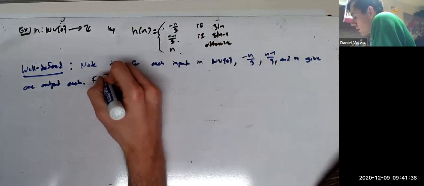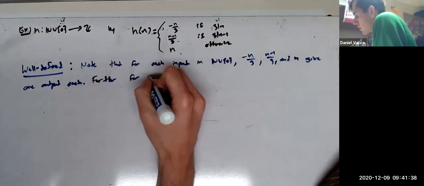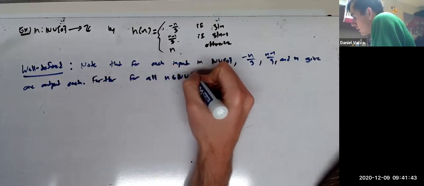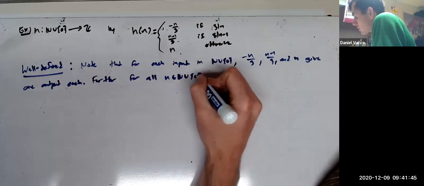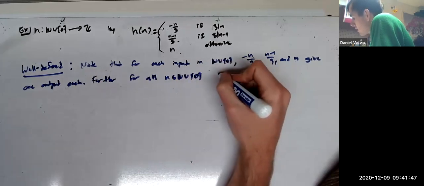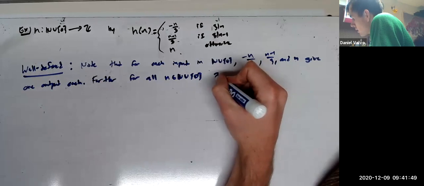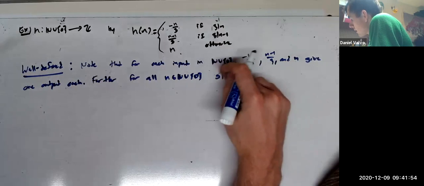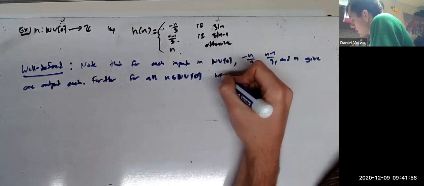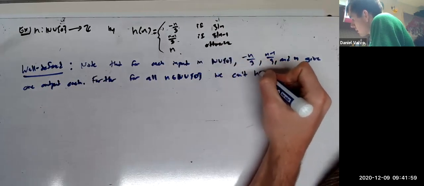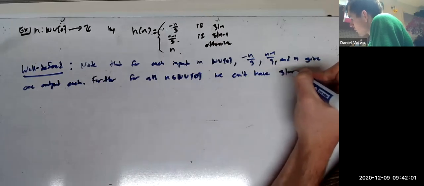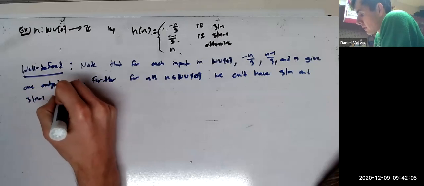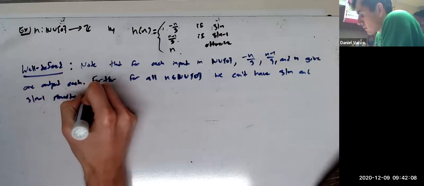So further, for all n in our domain here, natural numbers union 0, we can't have 3 divides n and 3 divides n minus 1 simultaneously.